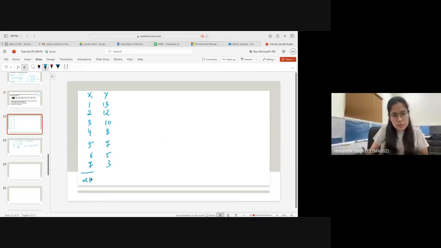So it was 28, it was 58. Okay, so x bar and y bar I have written there only. So I want to calculate xi minus x bar, yi minus y bar, and their product, xi minus x bar into yi minus y bar.